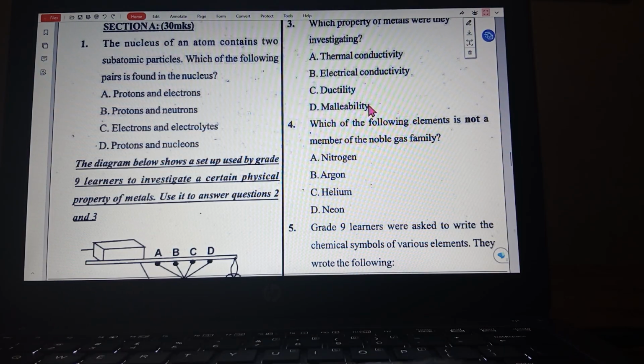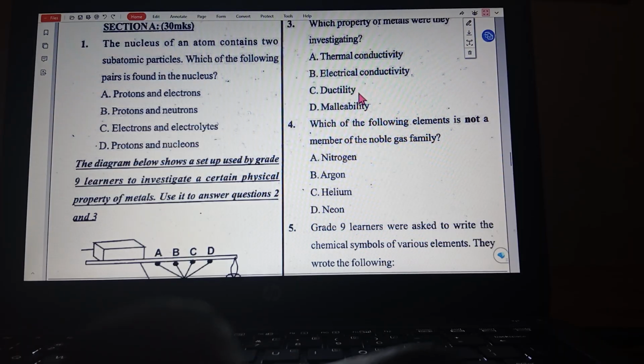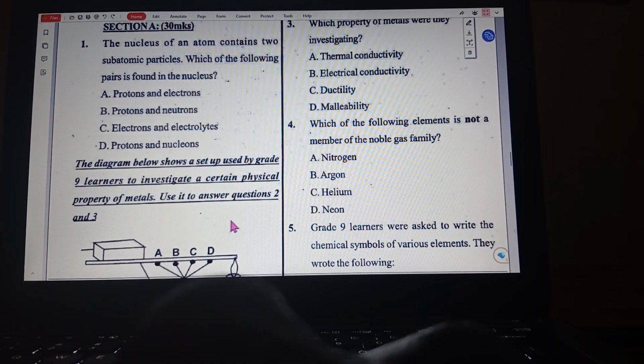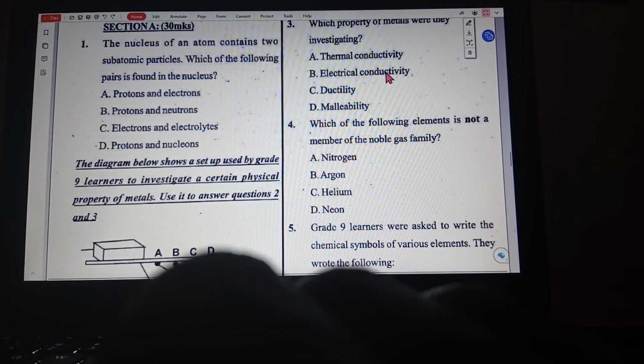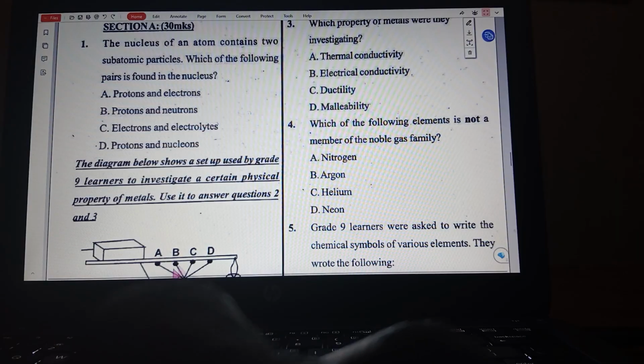Malleability is the ability of metals to be hammered into tiny sheets. Here we are not hammering, right? Then ductility is the ability of metals to be drawn into wires. Here the metals are not being drawn into wires. Then electrical conductivity, no. Here we are not testing electrical conductivity.